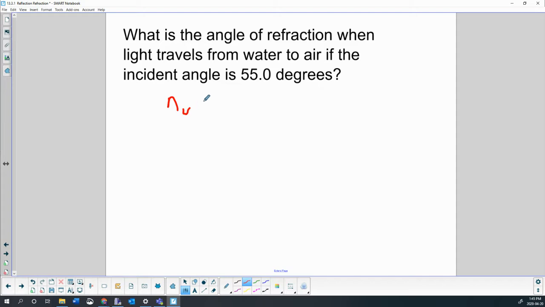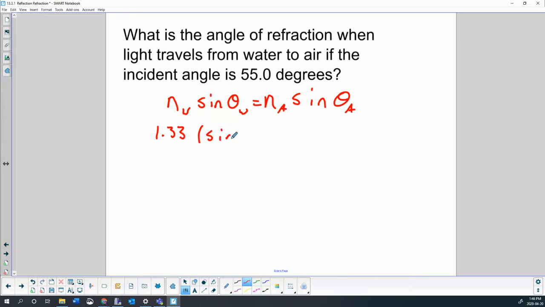So n water, sine of the angle in water should equal n air, sine of the angle in air. And so now we should be able to put our values for each of the quantities in here. The index of refraction of water, if you look it up in your table that's supplied in your booklet, 1.33 multiplied by the sine of the angle of water, incident angle.